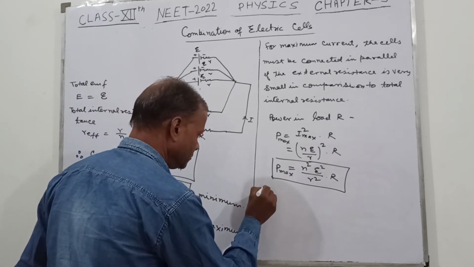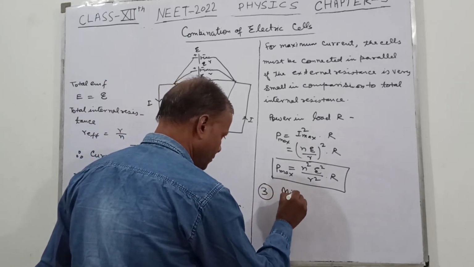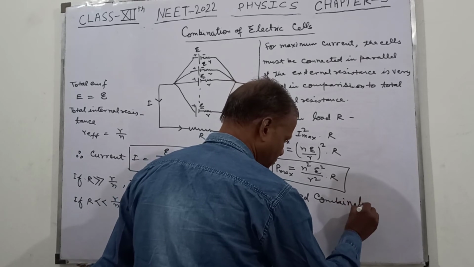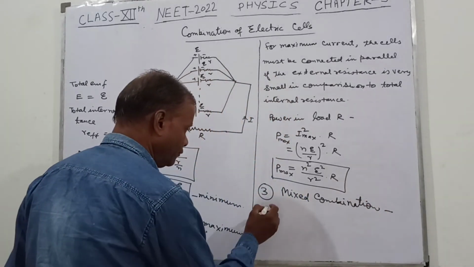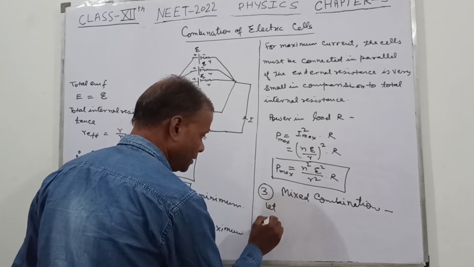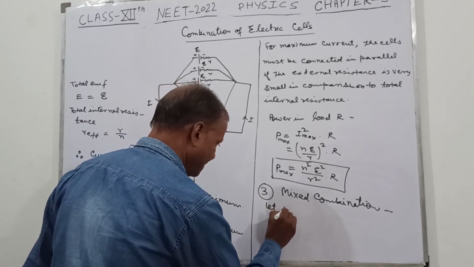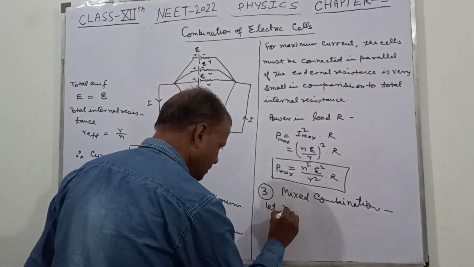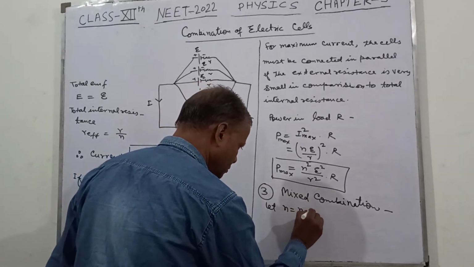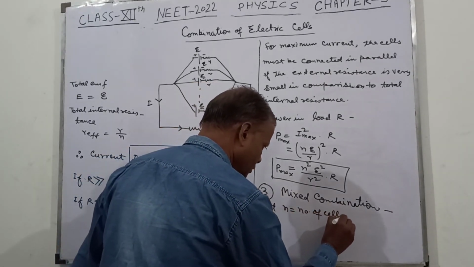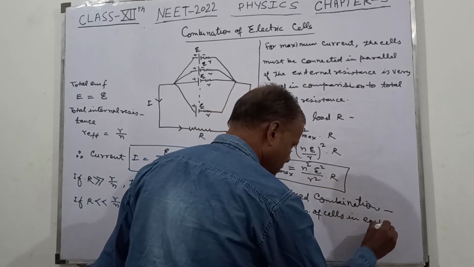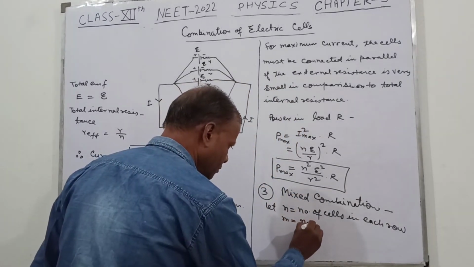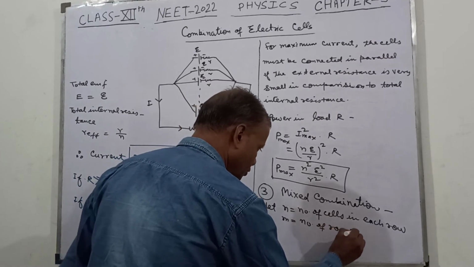Let n equal the number of cells in each row, and m equal the number of rows.